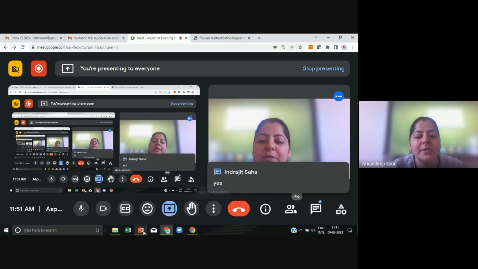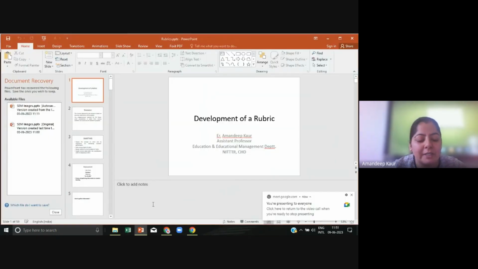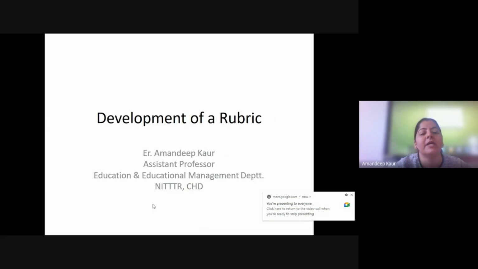When it comes to the design of a rubric tool, the one thing that I would like to make very clear to all the faculty members is that a rubric is designed at departmental level. Many faculty members said that they use rubrics and design rubrics, and they individually design the criteria for their classroom tasks and classroom activities.